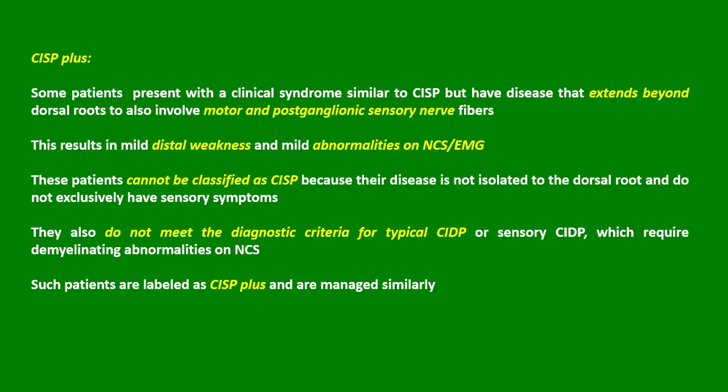These patients cannot be classified as CISP because their disease is not isolated to the dorsal root and they do not exclusively have sensory symptoms. They also do not meet diagnostic criteria for typical CIDP or sensory CIDP, which require demyelinating abnormalities on nerve conduction studies. Such patients are labeled as CISP plus and are managed similarly.